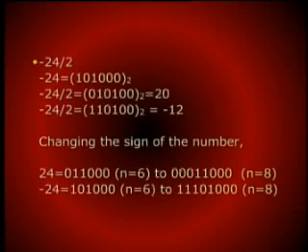So minus 24 again, in the case of 2's complement, is 1, 0, 1, 0, 0. Shifting it right by 1 position gives us 0, 1, 0, 1, 0, 0, which is plus 20. So which is again incorrect. So we need to take care of the sign bit.